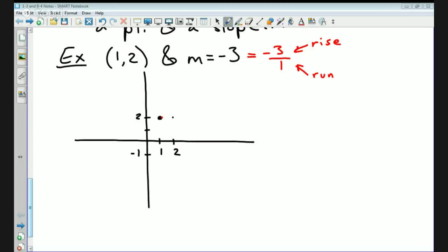I'll go down 1, 2, 3, from 2 down to negative 1, which is a change of negative 3 units. If I put a point right there after I've run 1 and dropped 3, I will be able to put a line now through those 2 points.